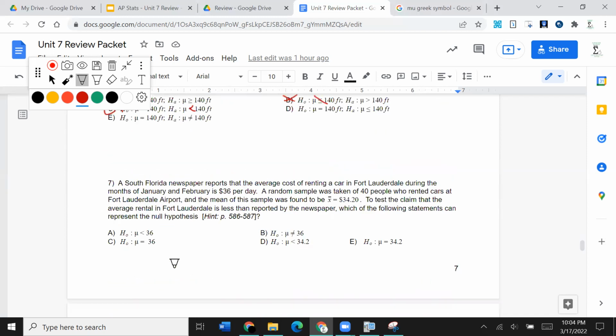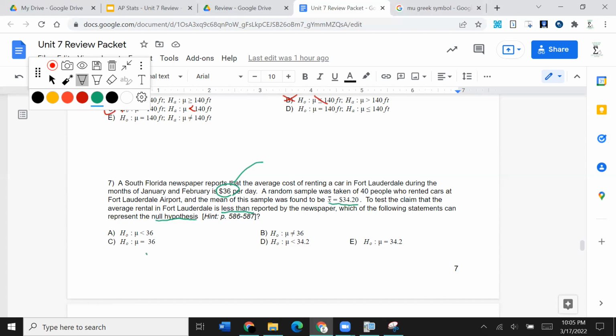Another one, number 7, a South Florida newspaper reports that the average cost of renting a car in Florida during the months of January and February is $36 a day. A random sample was taken of 40 people who rented cars at Fort Lauderdale Airport, and the mean of the sample was found to be 34.2. To test the claim that the average rental in Fort Lauderdale is less than that reported by the newspaper, which of the following statements can represent the null hypothesis? All right, the null, again, is the no difference. We're assuming that it is $36 per day, and we're going to test that it's less than that.